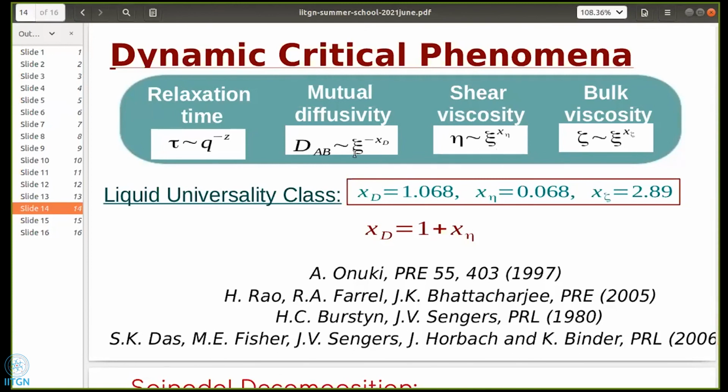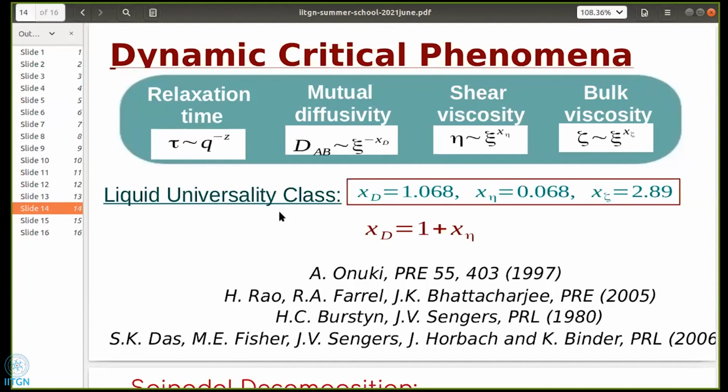Like I showed you, there is some kind of universality in the static quantities. The dynamic quantities, namely these transport properties, also exhibit a certain kind of universality. For fluids, it's known as the liquid universality class, which means that you have mass, momentum, and energy conservation in the system.